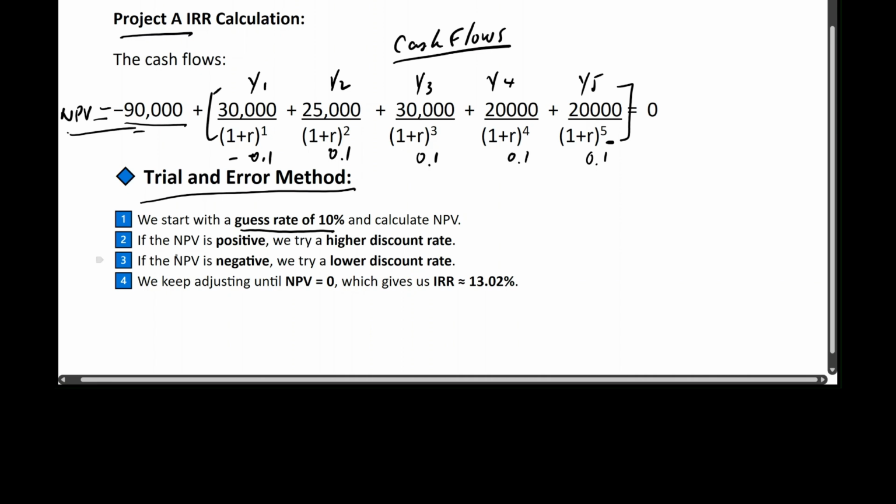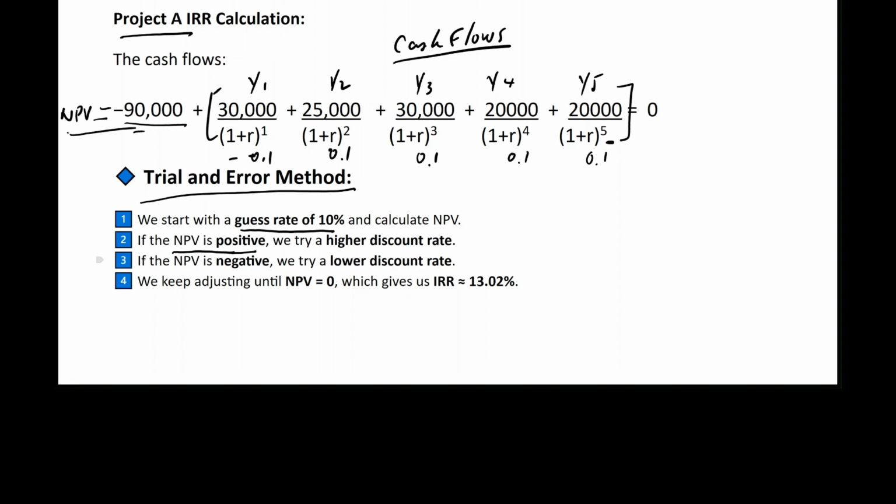If your NPV after using the guess rate of 10% is positive, meaning the present value of all your cash flows from year one to year five is greater than 90,000, you're going to increase the guess rate. That means you're going to choose a rate that is greater than 0.1.